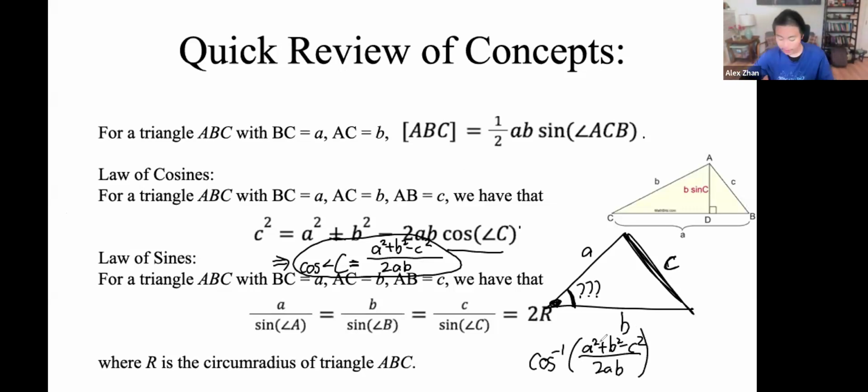So basically, you actually do not need to care about obtuse and acute angles, because if the angle is obtuse, then the cosine is negative. So that actually does not matter. Either way, this formula gives you a nice way to get the exact value of the angle.